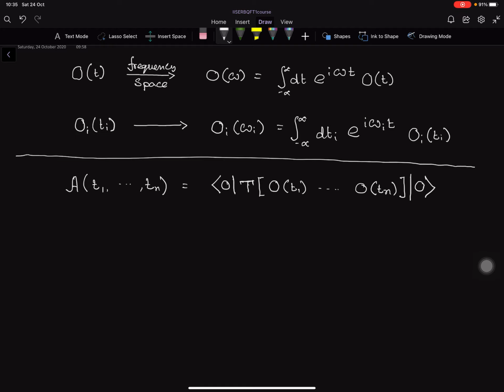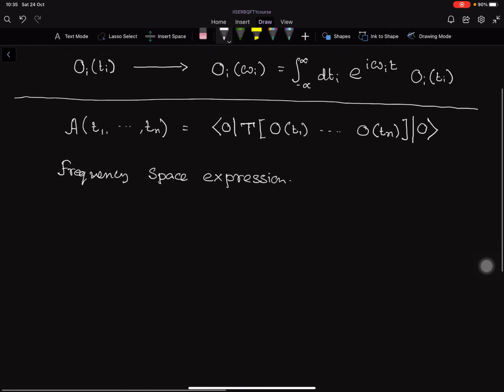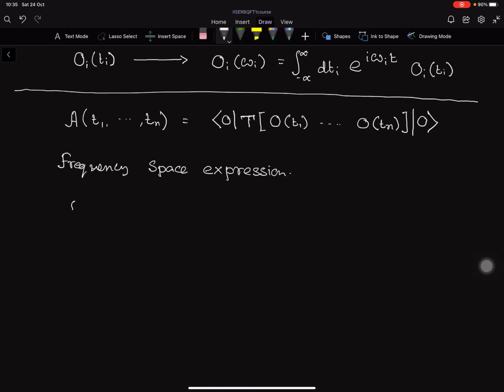Then in order to get the frequency space expression, we just take the Fourier transform with respect to all these time coordinates.